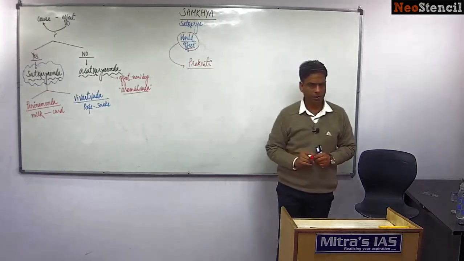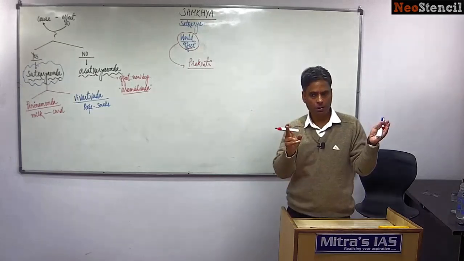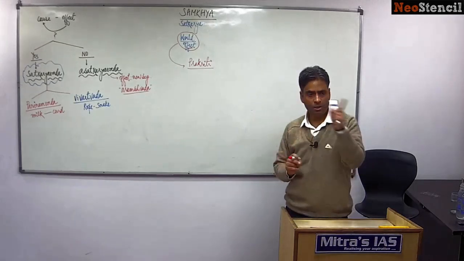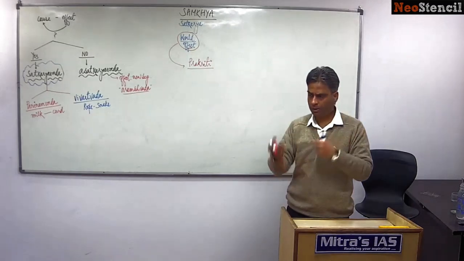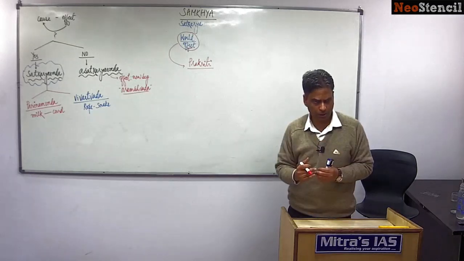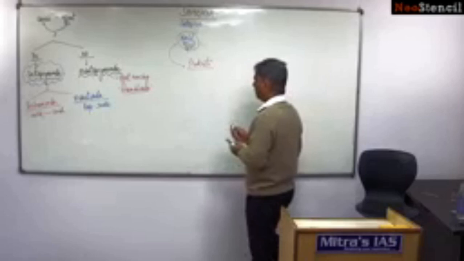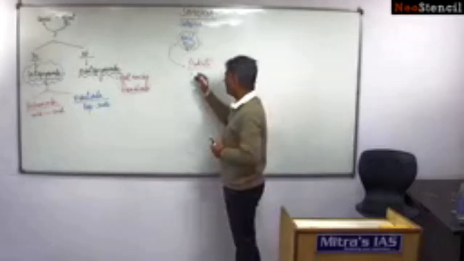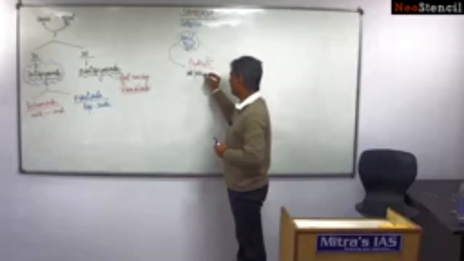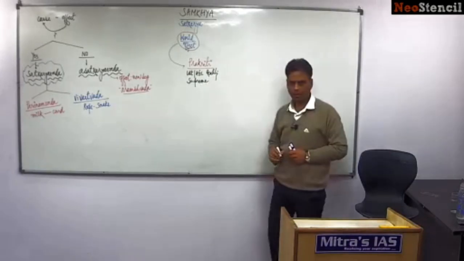According to Samkhya school, that cause where this world was already implicit, just as curd was already implicit in the milk, is Prakriti. What is Prakriti? They say Prakriti is ultimate, absolute reality. It is a supreme reality.